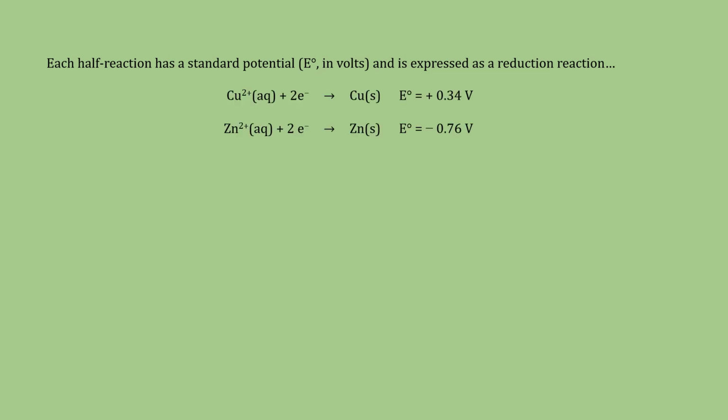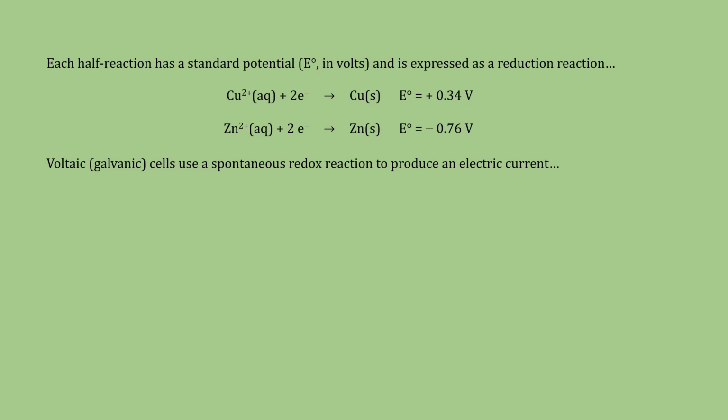That is, if I go to the textbook, I'll find the reduction reaction for copper 2 and the reduction reaction of zinc 2. With each of the 2 reduction reactions, I have standard reduction potentials: positive 0.34 volts for copper 2, negative 0.76 volts for zinc 2.